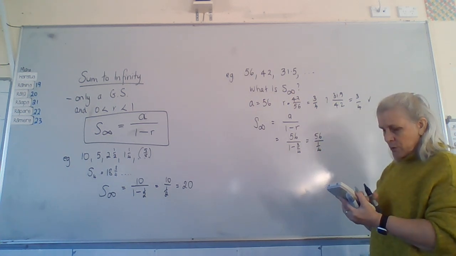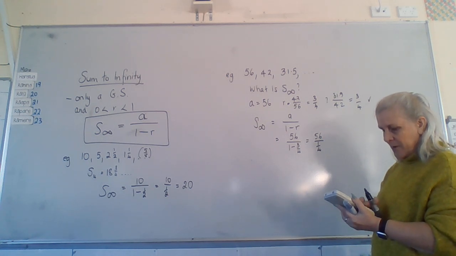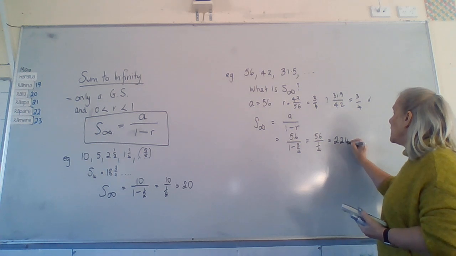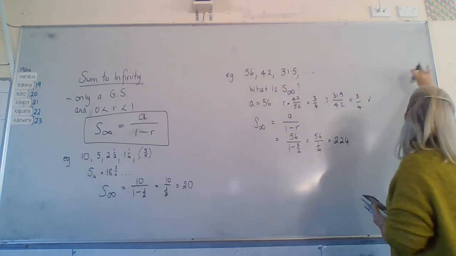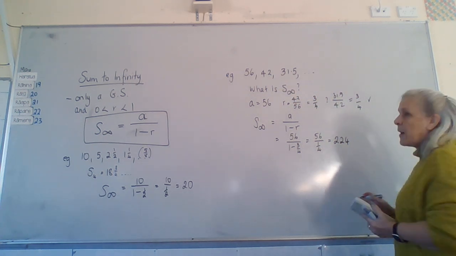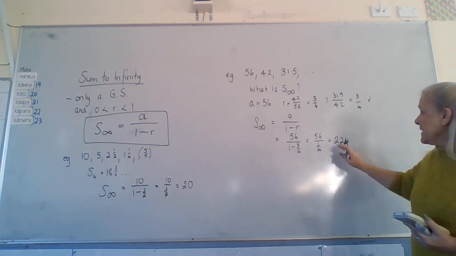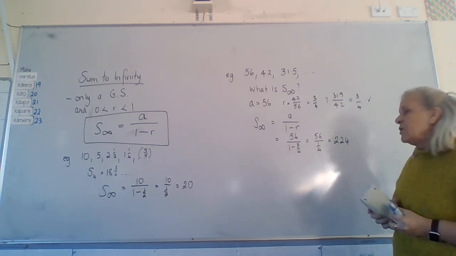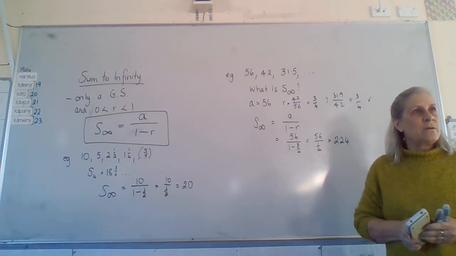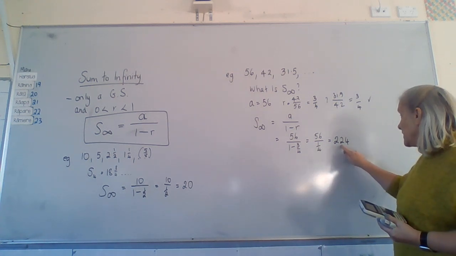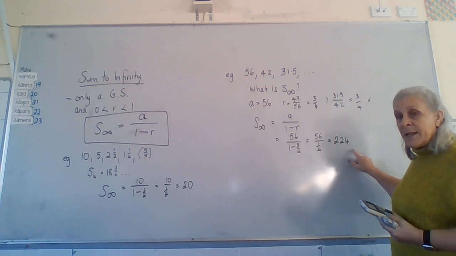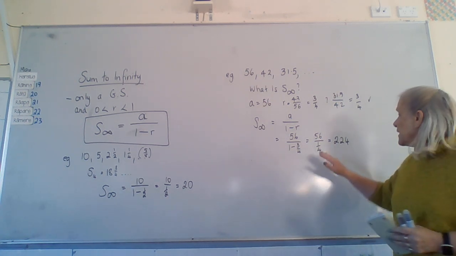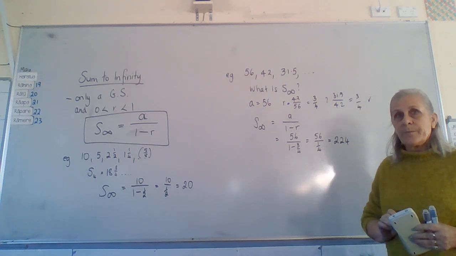So we're actually multiplying 56 by 4 when we divide by a quarter. 224 is what that sequence, if we continue to add it up forever, we will get to the point where we're adding so little, it looks like 224 when rounded. It's only going to get to 223.999999999, but we round that to 224.